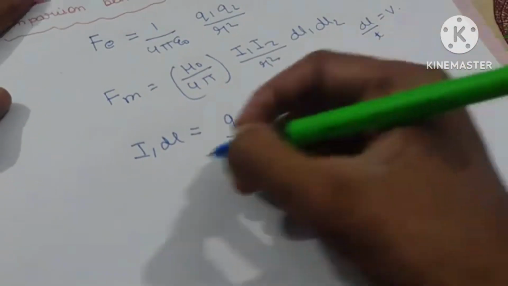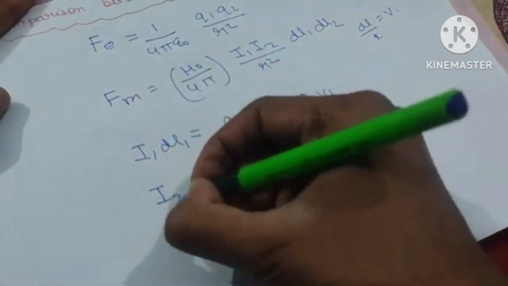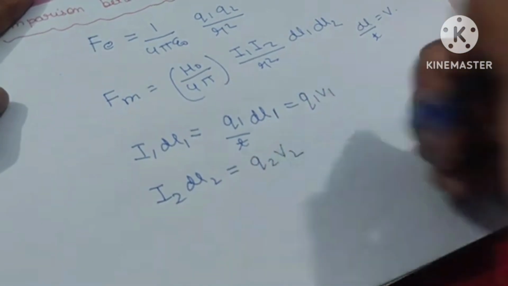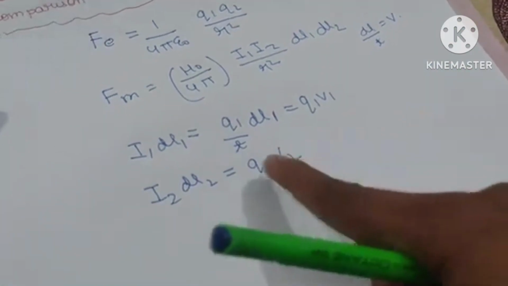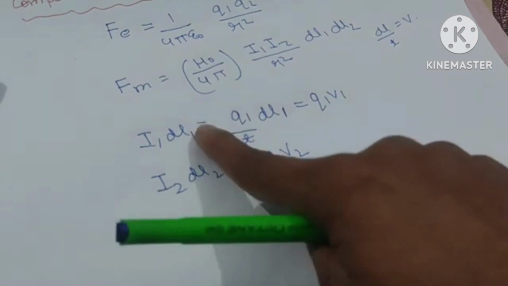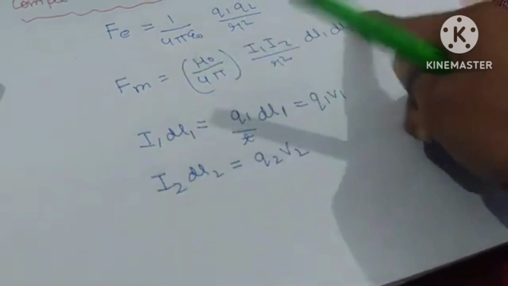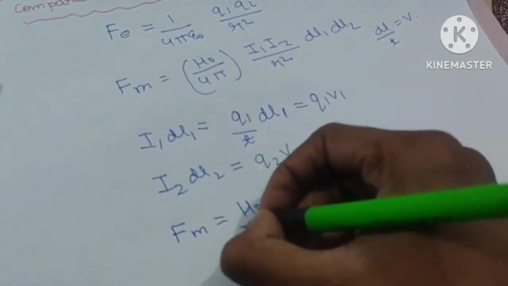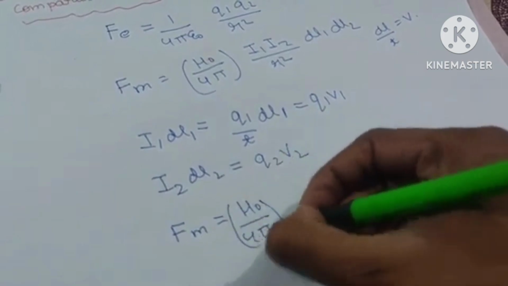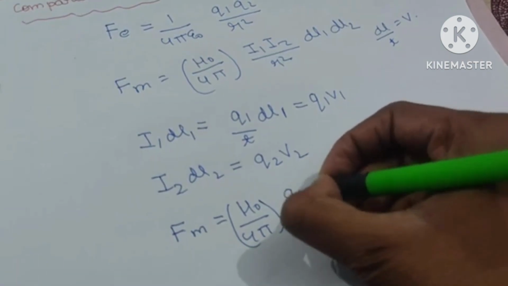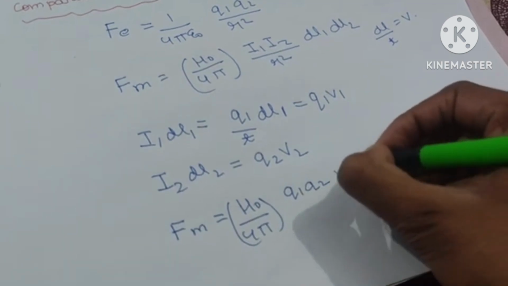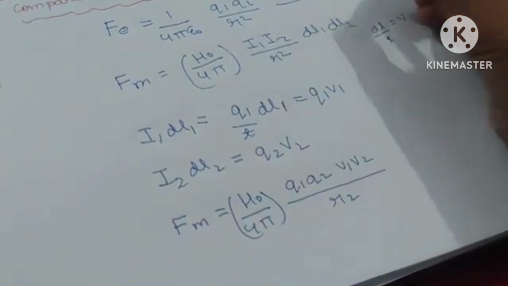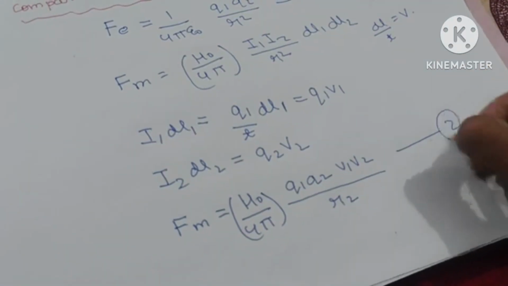Similarly I2 dl2 will become q2 v2. Now put this value here. Now the magnetic force will become mu0 by 4 pi q1 q2 v1 v2 by r square. Take this as equation 1 and this as equation 2.